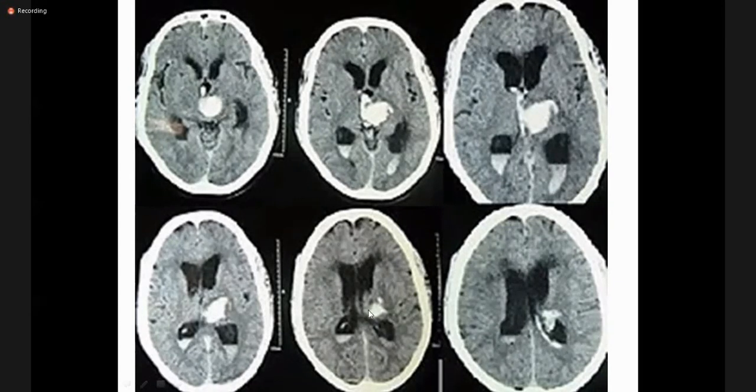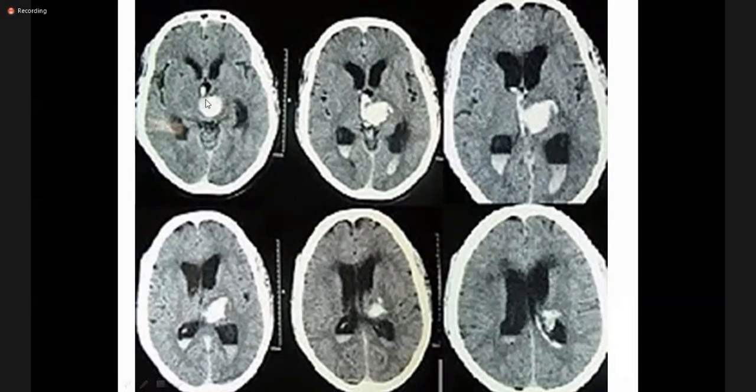These all are hydrocephalus scans secondary to many causes. These all are usually obstructive type of hydrocephalus. Something outside the ventricular system is compressing the aqueduct of Sylvius.